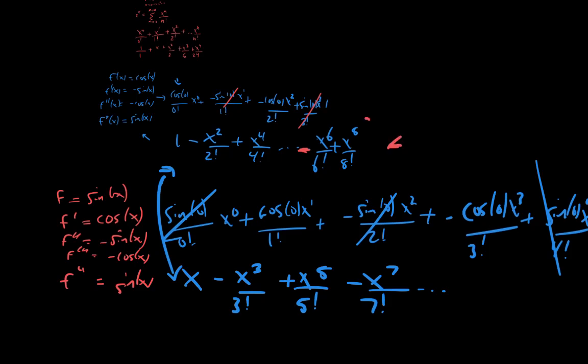Because this is going to have only even terms, cosine is an even function, and this is an odd function. Sine is odd, cosine is even.